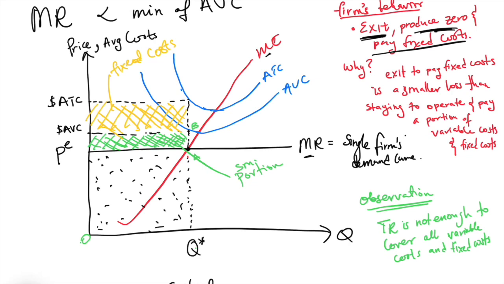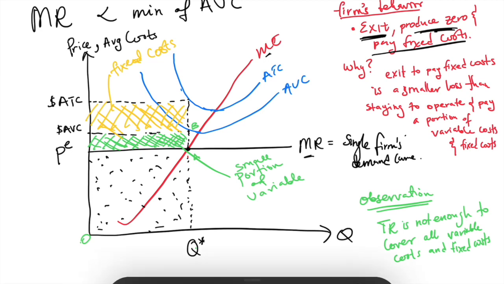It's just a small portion of variable costs. Now it's small based on how I've drawn it, right? So how about I just say portion of variable costs. Oops. There we go. Portion of variable costs.